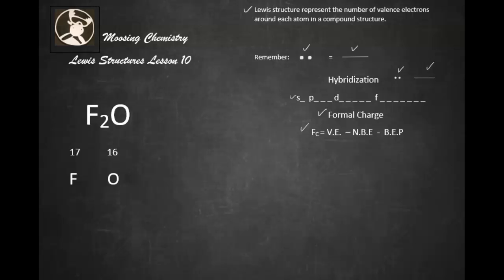Okay, so let's go ahead and get down to business. I'm going to cross out that 1 there. Fluorine, because it's in group 17, tells me it has 7 valence electrons. And we're looking at the oxygen here. It's group 16, so it has 6 valence electrons.